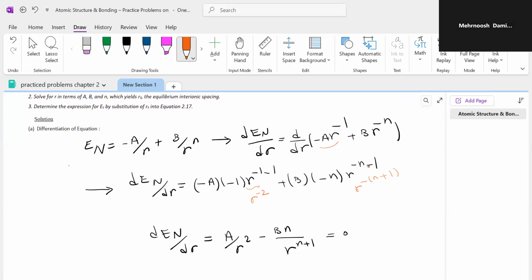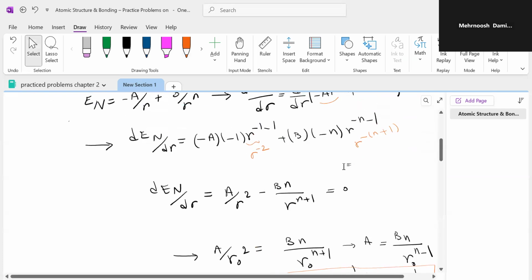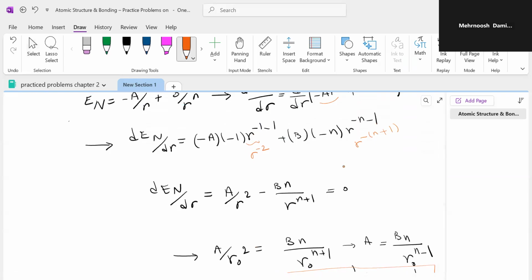Again, here minus changes to positive, and you see dEn per dR is A per R squared minus B times N per R to N plus 1 equals 0. So for reaching E minimum, these terms should be 0, so these terms go to the other side. So A per R naught squared equals B N per R naught to N plus 1.